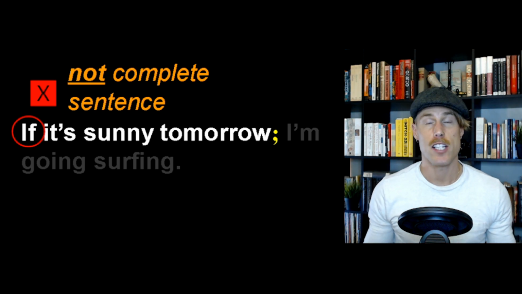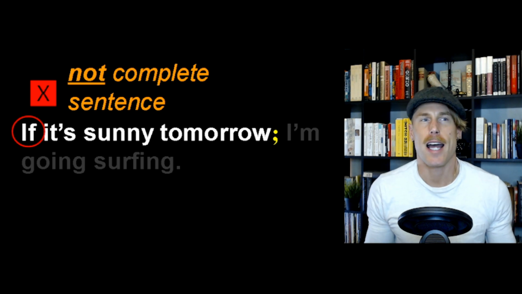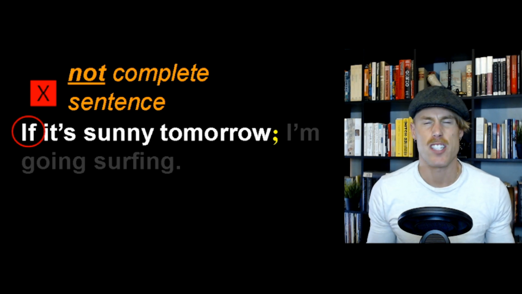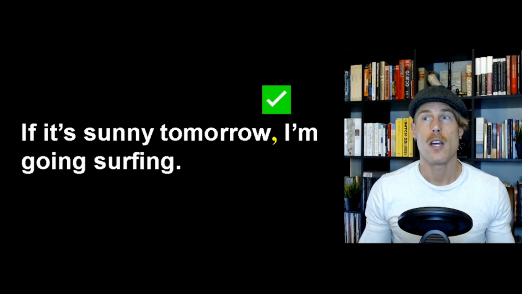Imagine I say to you, if it's sunny tomorrow. What does that mean? It has no meaning. It's confusing, right? So it's not a sentence. So I need to use a comma. If it's sunny tomorrow, I'm going surfing.